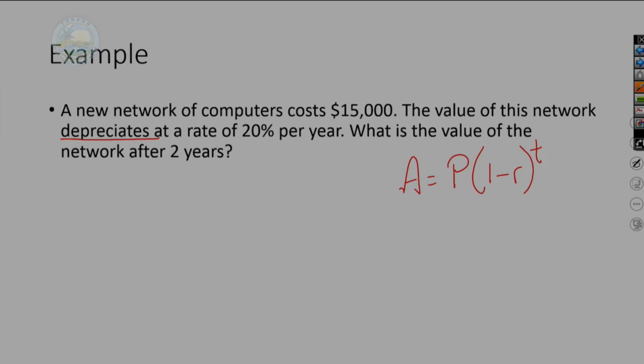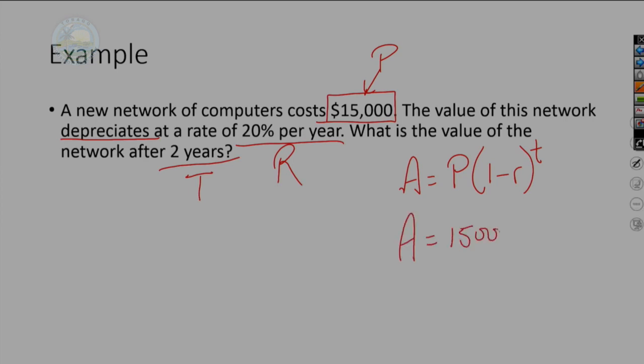Now let's see what values we have. The cost was $15,000, so this is our principal. The rate is 20% per year, and the time is 2 years. So A is the principal, $15,000, times 1 plus the rate.